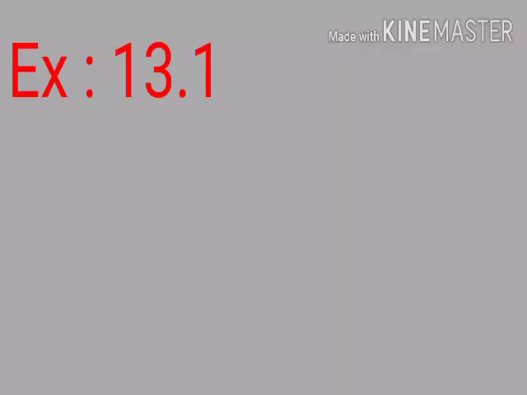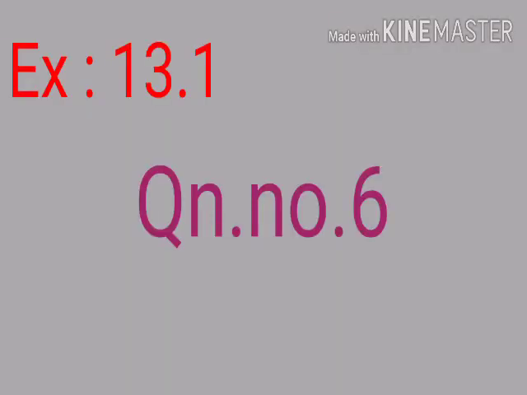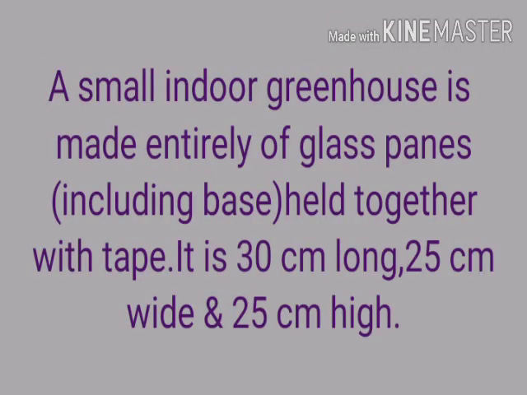In this session we will discuss the remaining exercise questions, that is exercise 13.1. Exercise 13.1 question number 6. A small indoor greenhouse is made entirely of glass panes, including base, held together with tape.